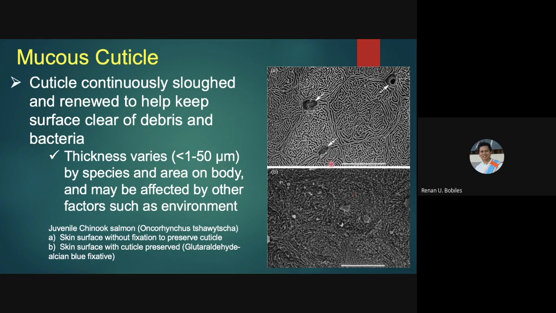So kung titingnan nyo to, etong nasa upper part, letter A, it is the skin surface without a fixation to preserve the cuticle. So kumbaga kung makikita nyo, yung mga microridges, okay? Yung sa baba, skin surface with cuticle preserved in glutaraldehyde Alcian blue fixative. So the cuticle is already removed. Na-damage na siya.